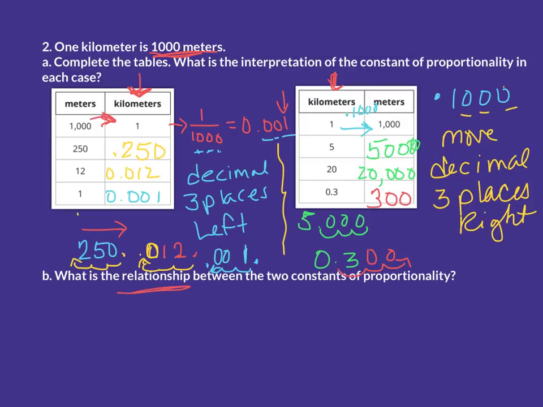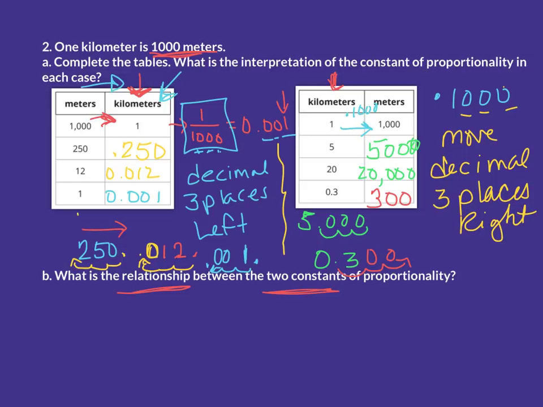What is the relationship between the two constants of proportionality? Well, remember, the constant of proportionality is just that fancy name for the number that we multiply by when we go from left to right. So in this case, the case on the left, we multiplied each and every one of them by 1/1000th, or if you prefer the decimal form, it doesn't truly matter.